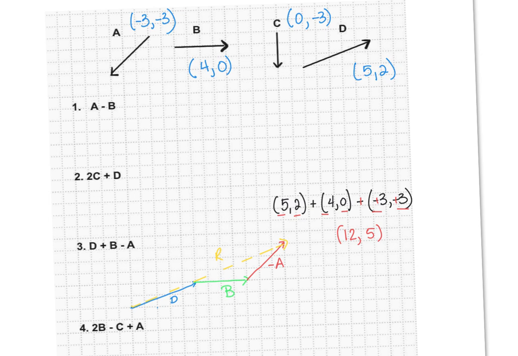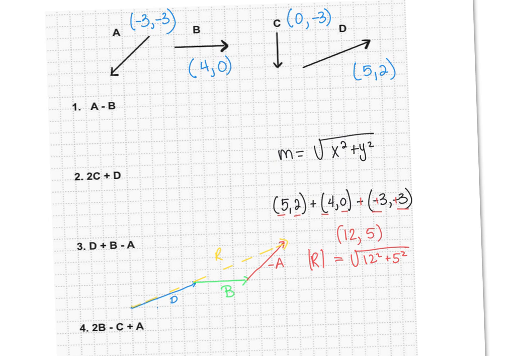Now magnitude. What is my formula for magnitude? For magnitude, which is what it's asking for in one of these, my magnitude is the square root of x squared plus y squared. So that's exactly what I'm going to do. It told me to round to the nearest tenth. So to calculate the magnitude of this resultant, it's going to be the square root of 12 squared plus 5 squared.